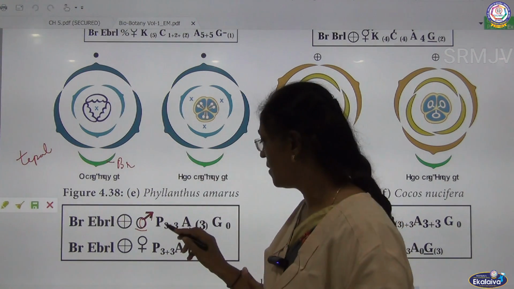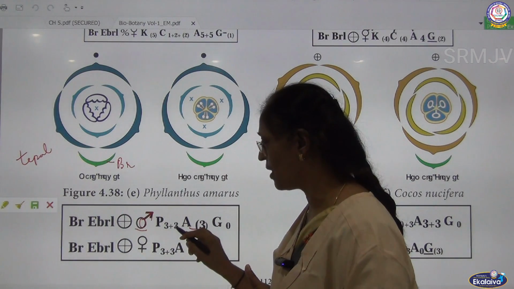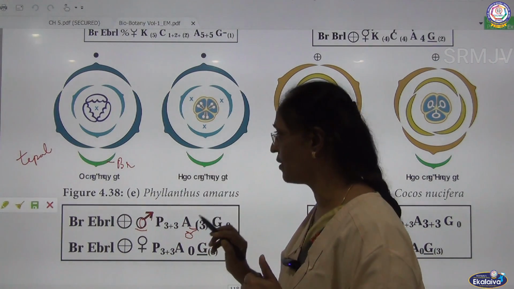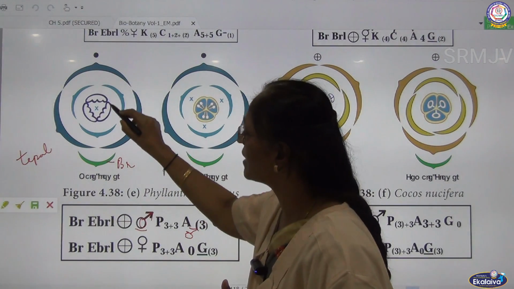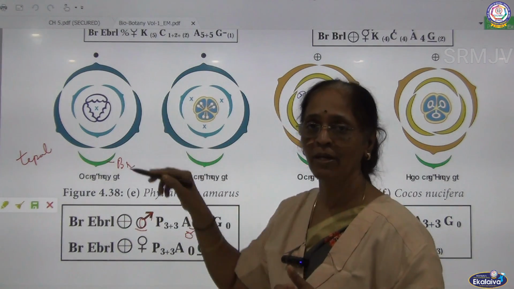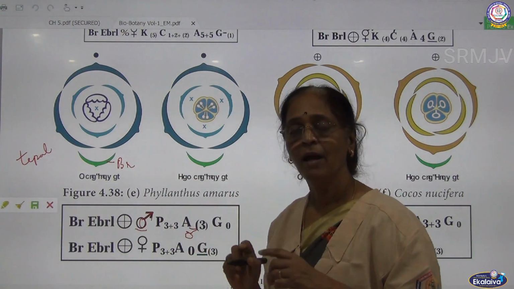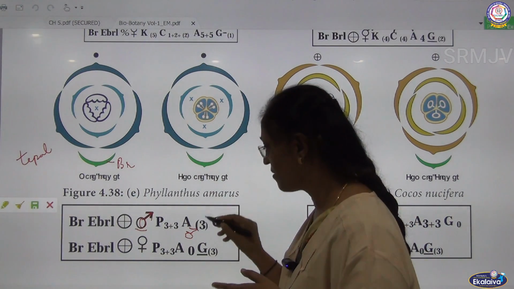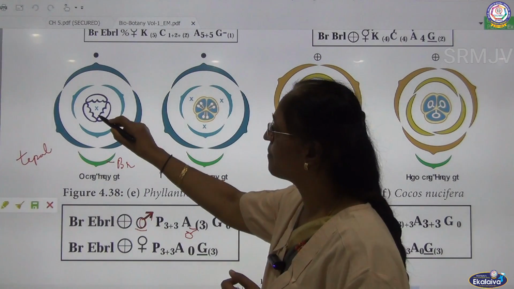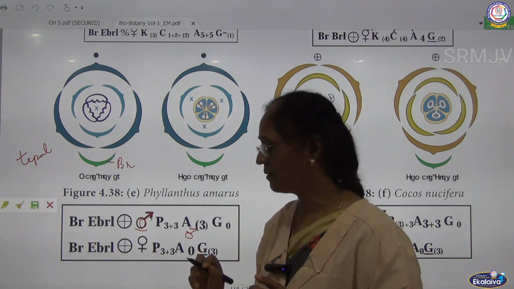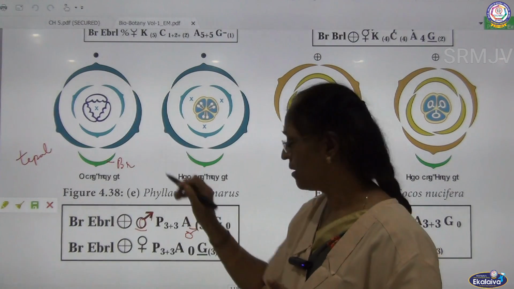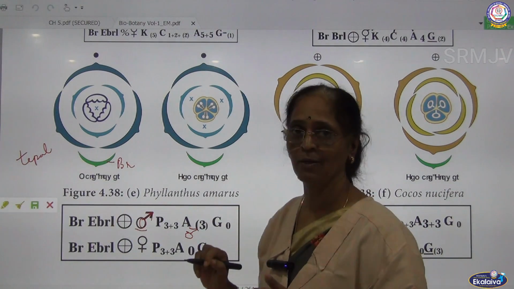So 2 whorls of 3, and we represent it with 3 plus 3. And because it is a staminate flower, there is the androecium. So here you will find these are the anthers which are there. How many are there? 3 are there, and the anthers are fused, so you call it syn. So you have put it inside the bracket, and this represents dithecous. And the gynaecium, there is no gynaecium because it is a staminate flower. We are representing it with 0.